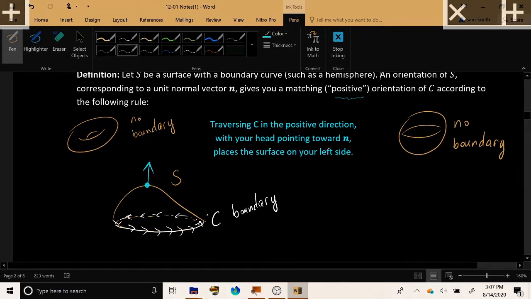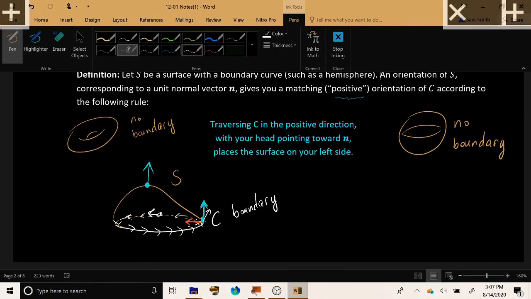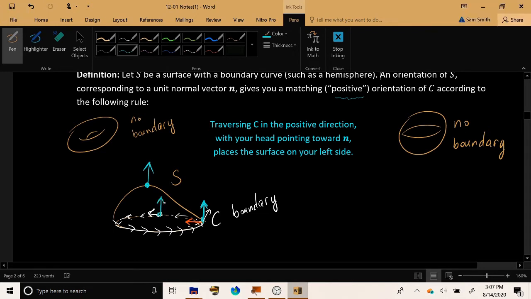and I keep my head pointed upward in the direction of my choice of normal vector, then the surface is visible on my left side. And on my right side, I just am looking into space. So I'm moving forward, my head is pointing up, and the surface is on my left side. And that remains true no matter where I am on this curve. I'm looking forward in the positive C direction, and the normal vector is where my head is pointing, and the surface is on my left side.